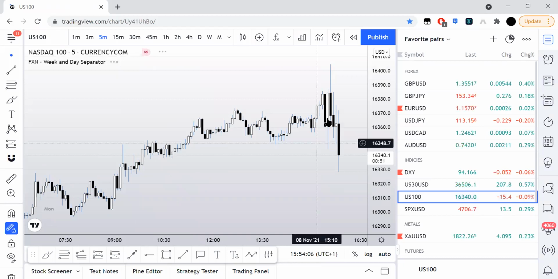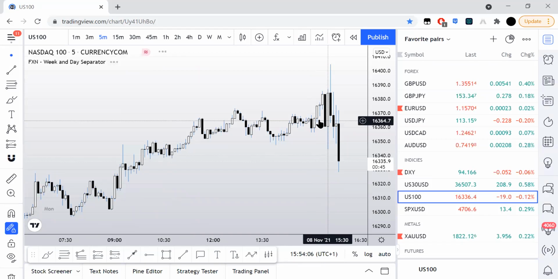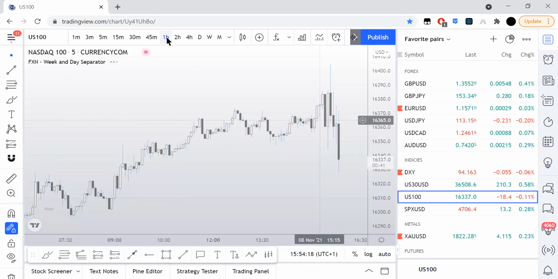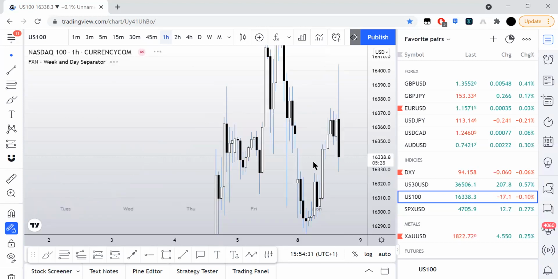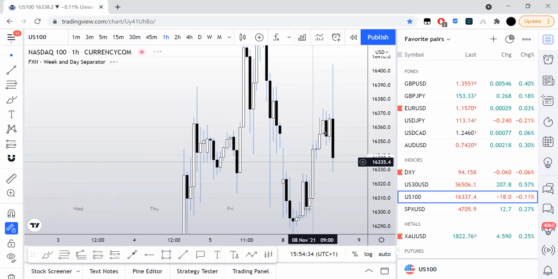So yeah, I would like to see this order block hold. This order block. So you see this hourly order block right here? I want to see this hold.